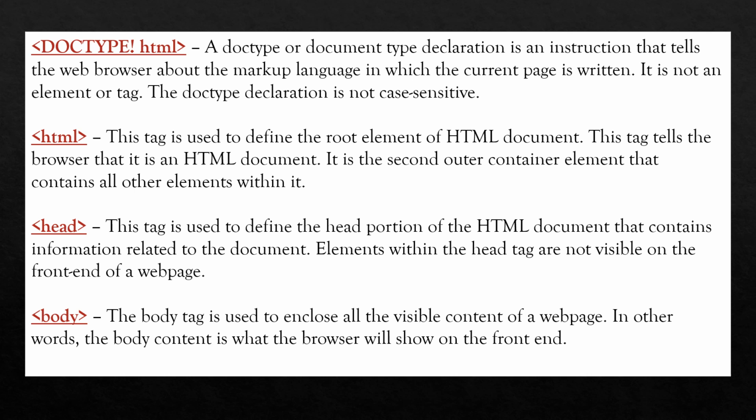The head tag holds information related to the HTML document and is not visible on the web page. The body tag is visible in the web page, what we see in the display, and the content is coded in the body tag.